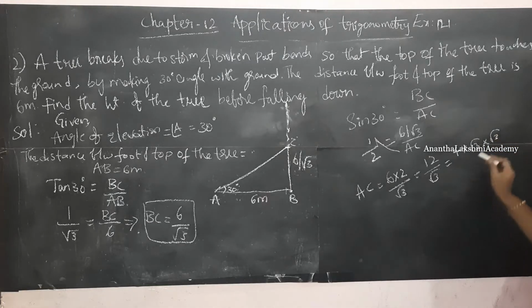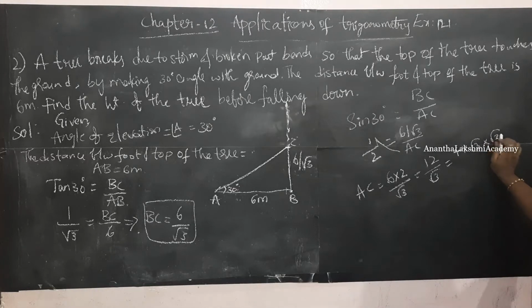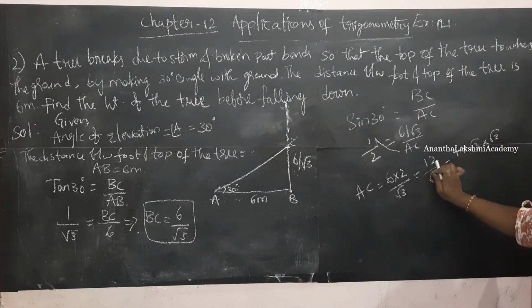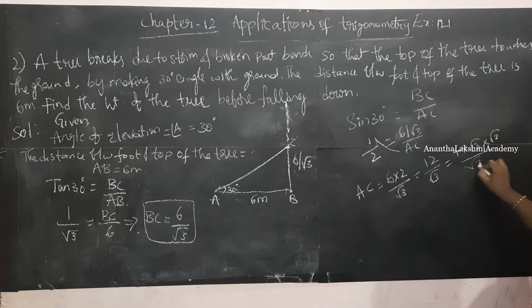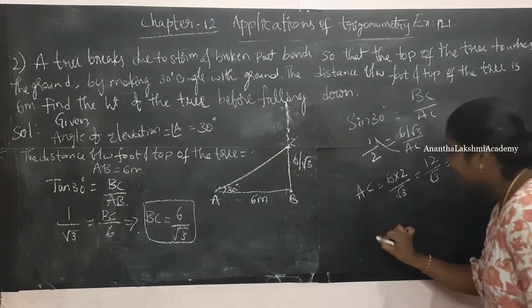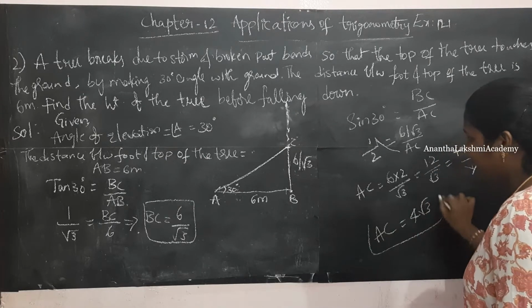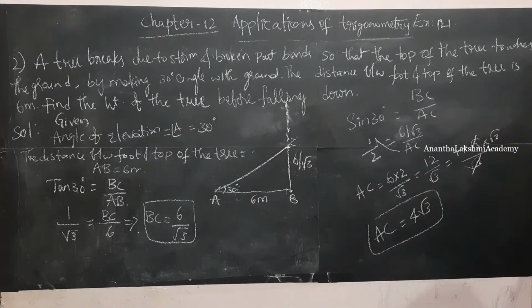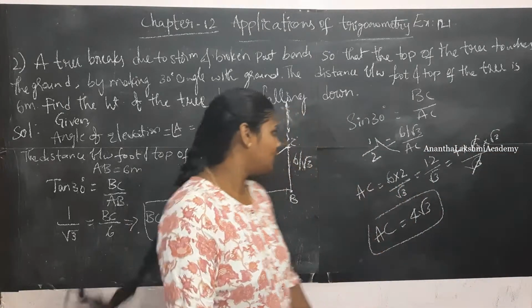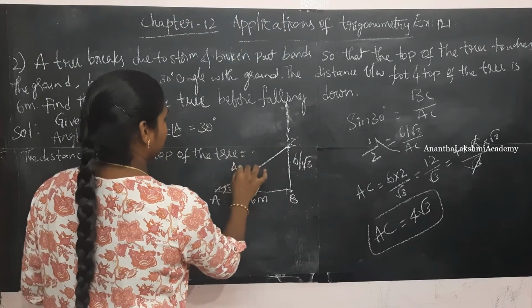Root 3 into root 3 is 3, and 3 multiplied with 4 gives you 12 by root 3. Root 3 gets cancelled. AC is equal to 4 root 3.